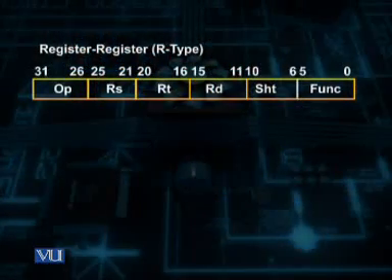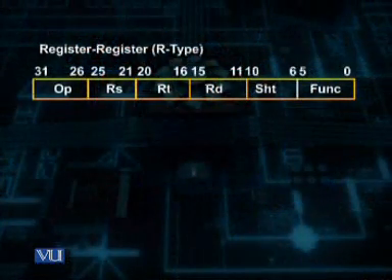Each of these register address fields is 5 bits, because as I told you in the beginning, this MIPS architecture has in total 32 registers. Any one of these 32 registers can be addressed by using a 5-bit address code.